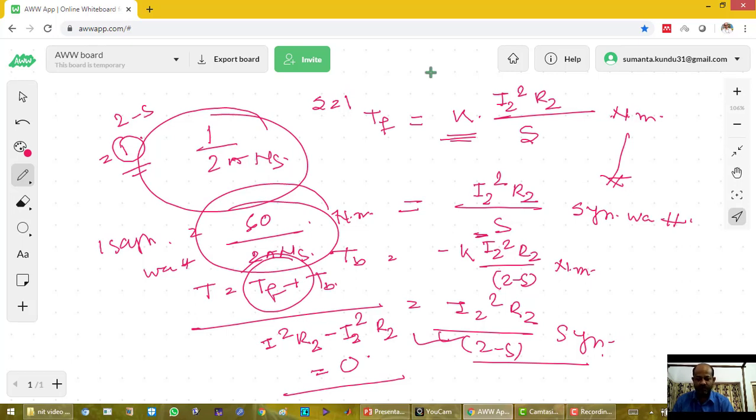So for that reason, when we discussed the working principle of single phase induction motor, we mentioned that a capacitor C is used in addition to a centrifugal switch to make the single phase induction motor a self-starting motor.